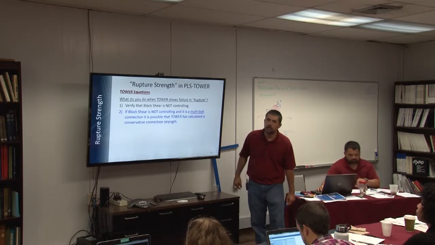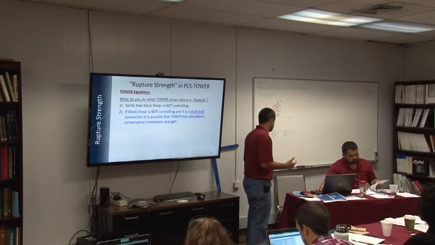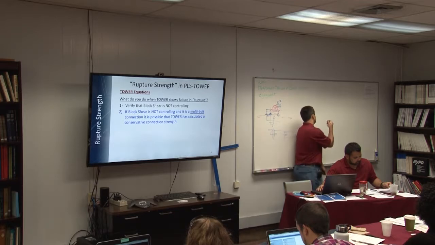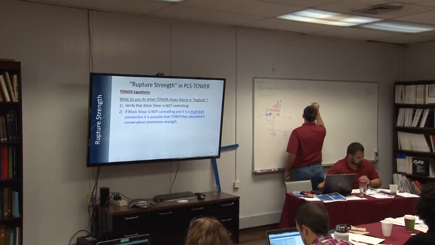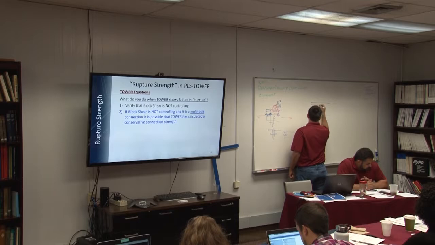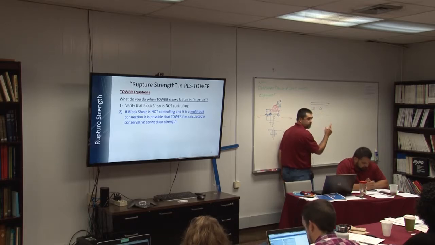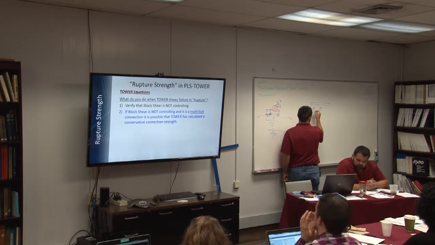I bring that up because this is very different than how I learned to design connections based off the steel manual. What the steel manual says to do is, if I had a connection with, let's say, 2 bolts, I could calculate what they call the bearing and tear out strength of this bolt.